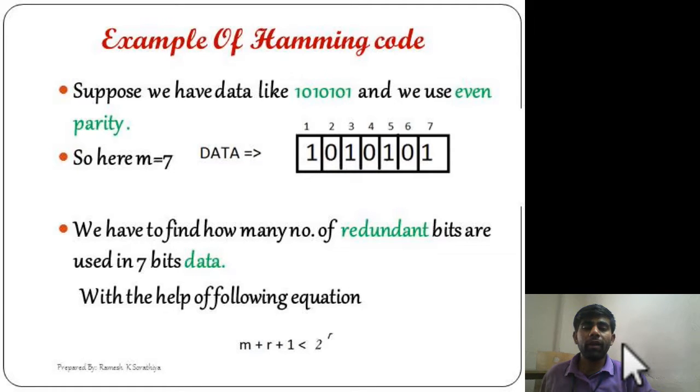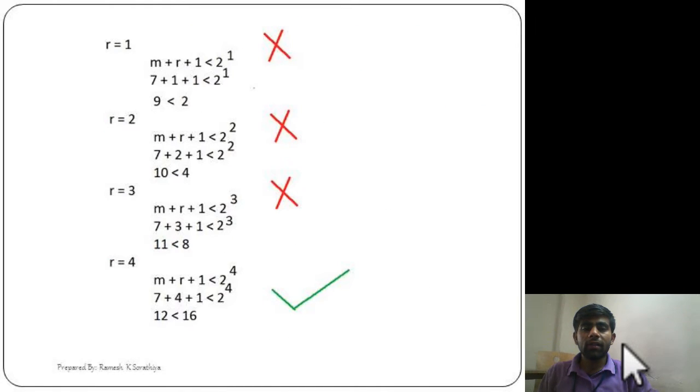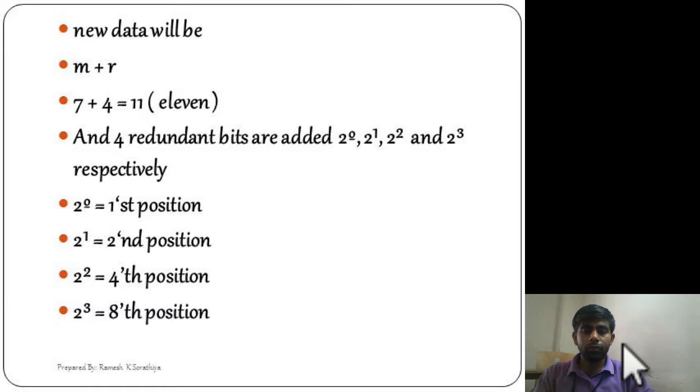We have to find how many redundant bits are needed for 7-bit data, with the help of the same equation we saw previously: m plus r plus 1 less than or equal to 2 raised to r. We start with r equal to 1 and check whether m plus r plus 1 is less than or equal to 2 raised to 1, and continue until this condition is true.